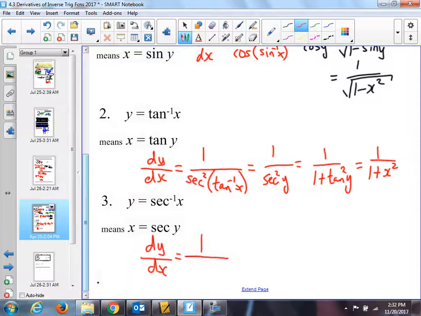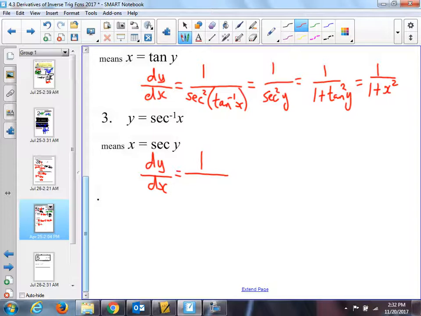One over. Now, if you recall the secant function, secant y tan y is what that would be. I'm skipping ahead here, I guess. But you know how it's secant of theta, tan of theta, whatever the derivative of a secant function is? That's one we don't use often, so you don't have it memorized.